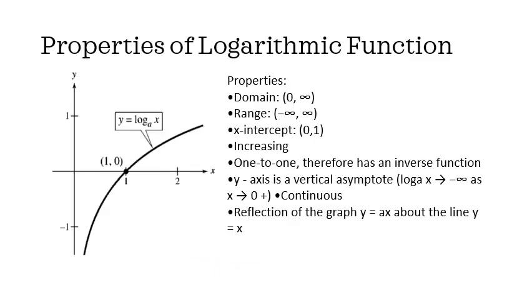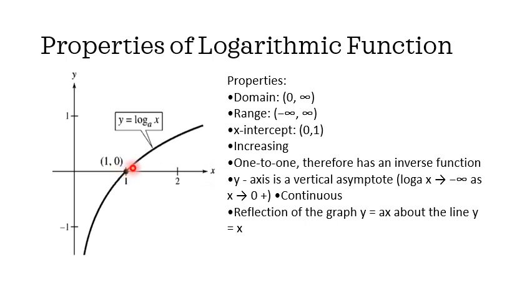Let's talk about the properties of the logarithmic function. First, the domain. The domain of the logarithmic function is from 0 to positive infinity. When you say domain, it means the values in terms of x.